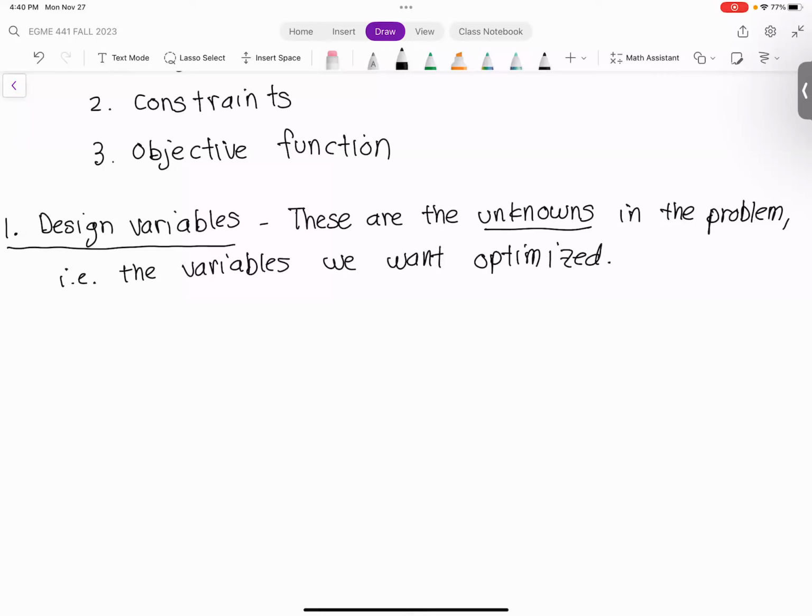And in this problem, we already know what these are. These are going to be the 3 muscle forces that we don't have values for. So this is FG, FT, and FS: the muscle force for the gastrocnemius, the muscle force for the tibialis posterior, and the muscle force for the soleus muscle. 3 unknowns, and those are our 3 design variables.